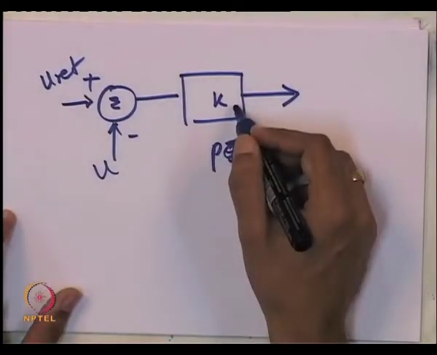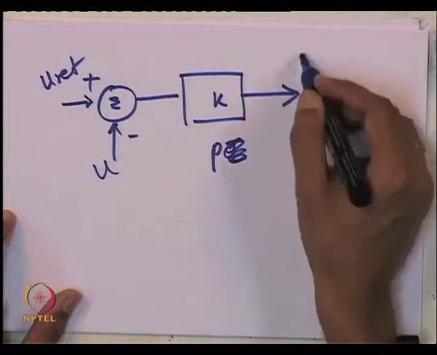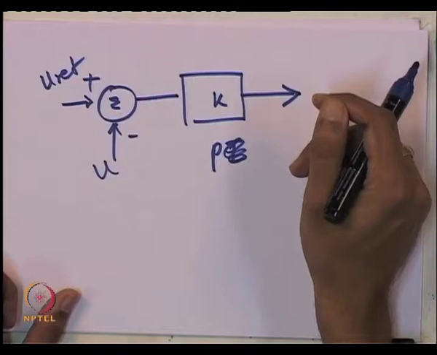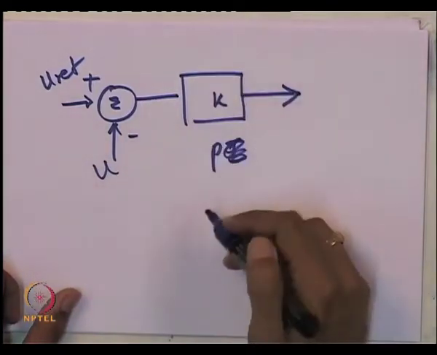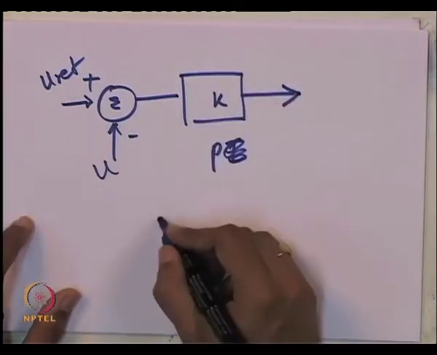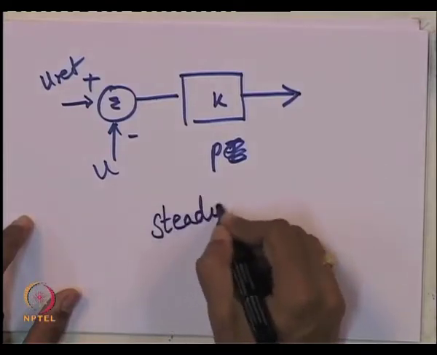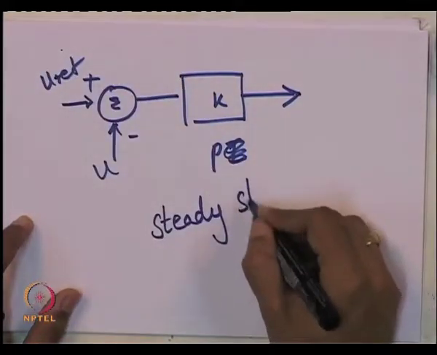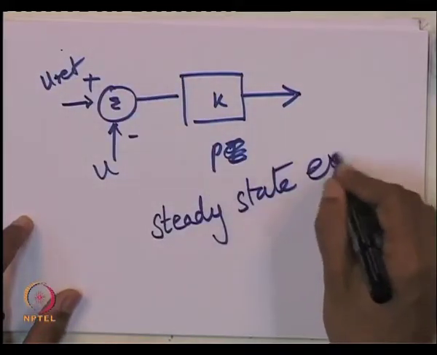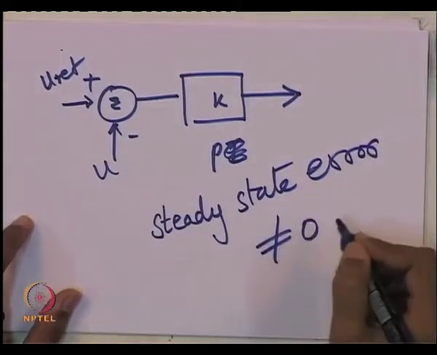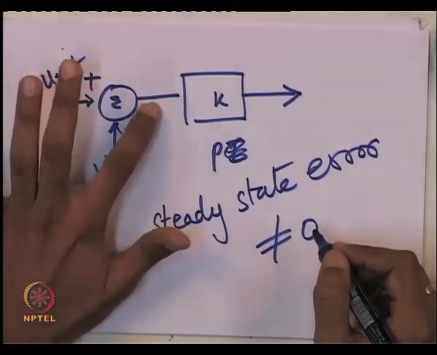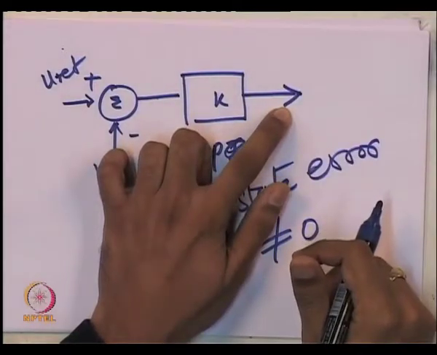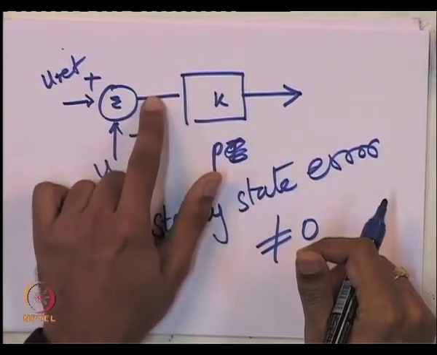Now, a proportional controller, to have any non-zero output, it has to have a non-zero input. So, it follows that if you are using a proportional controller, in that case steady state error between the set point and the thing you want to follow the set point is not equal to 0. Why? Because in case you want to have any control signal which is going to affect your excitation apparatus, then this has to be non-zero.